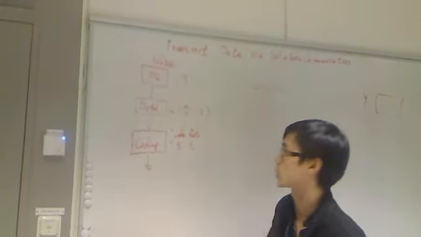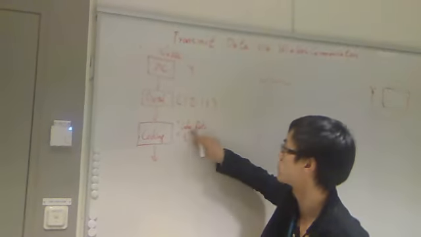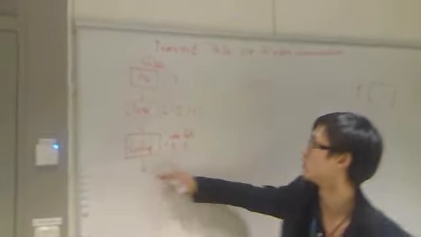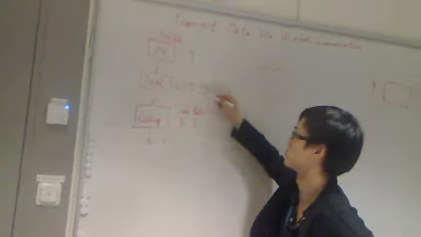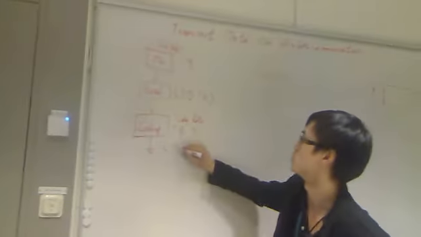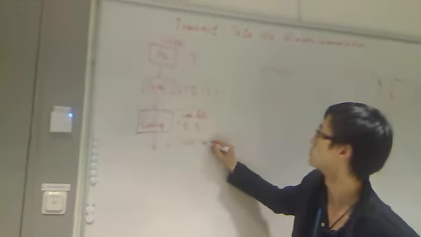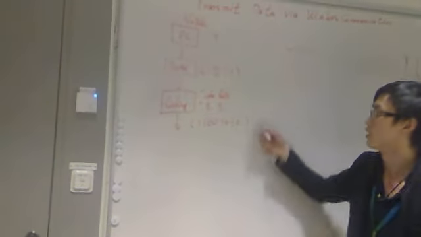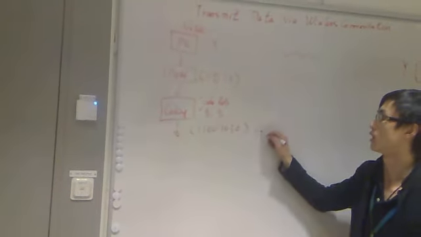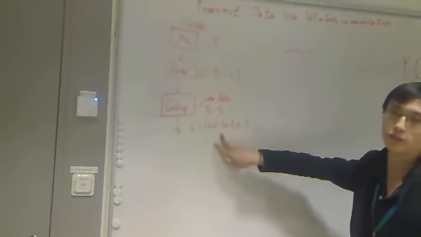So we won't go into that detail. For example, the output from 1010 becomes 11001010. This means half code rate, so 4 bits become 8 bits.